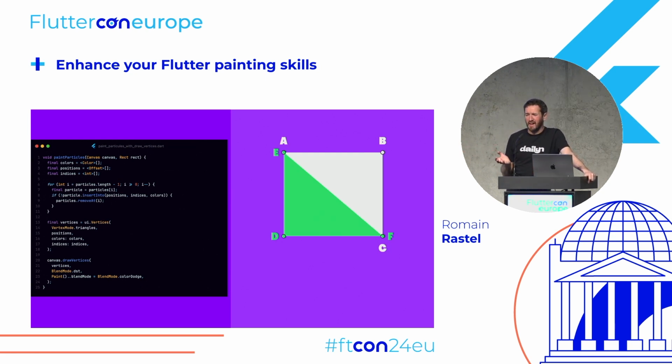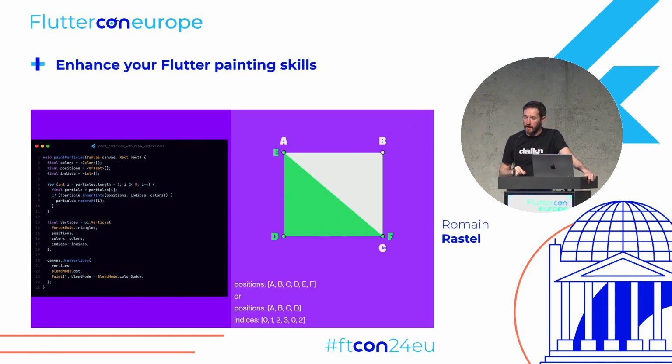But as you can see, I need to provide 2 times 2 points. The points A and E are the same, and the points C and F are also the same. So if you have a lot of points to draw, sometimes it's better to do it otherwise. Instead of providing 6 positions, we can provide only 4 positions and then a list of indices that represent the positions we want to draw.